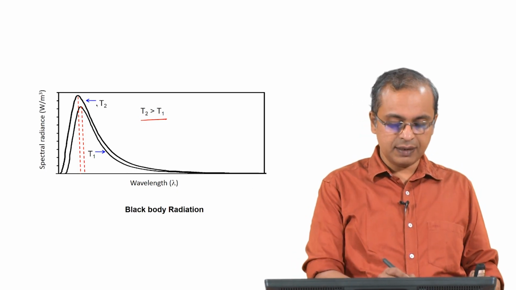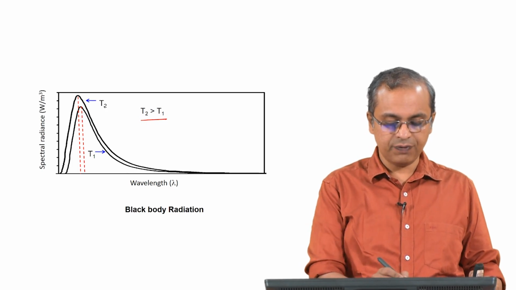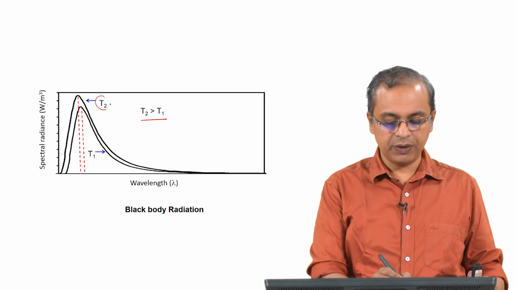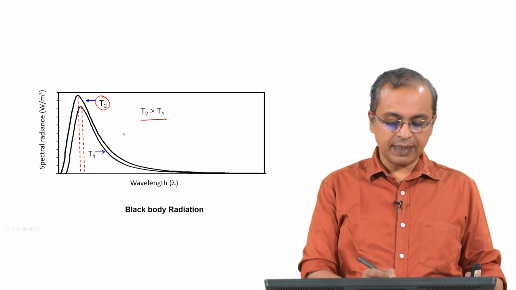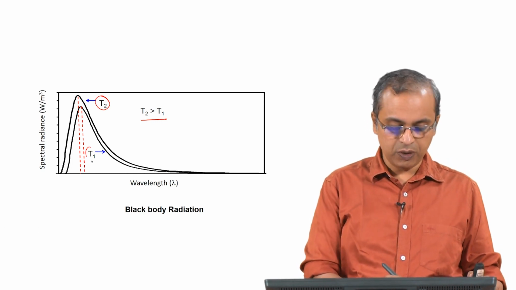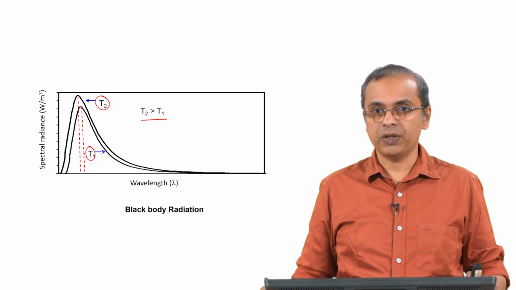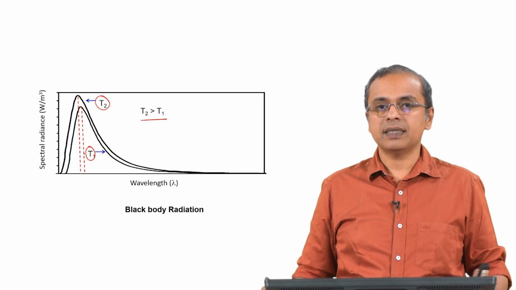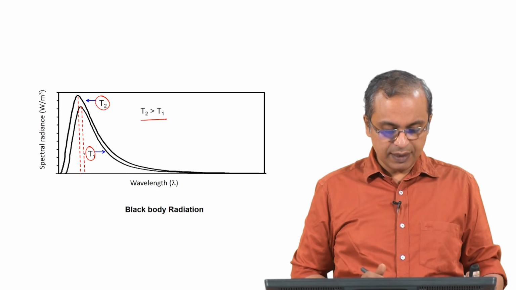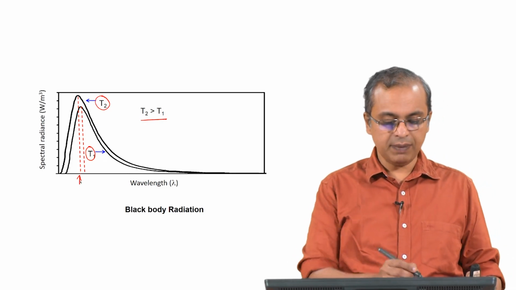Since T2 is greater, the curve corresponding to T2, marked with this blue arrow, is a curve where the area under it is larger than the area under the curve corresponding to T1, right. So the area under the T2 curve is larger than the area under the T1 curve.